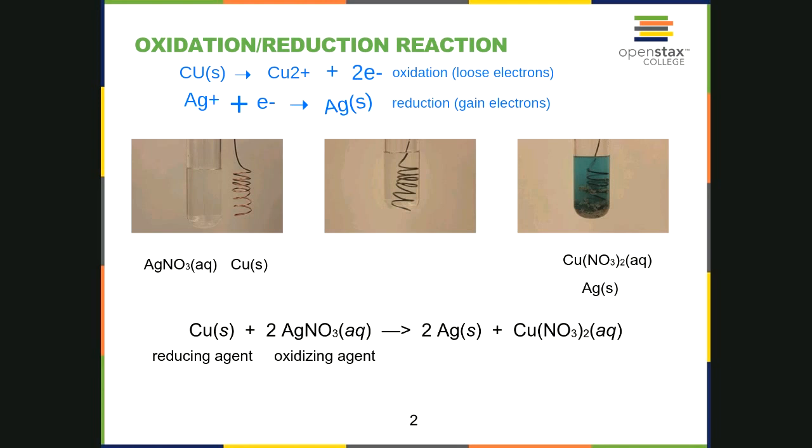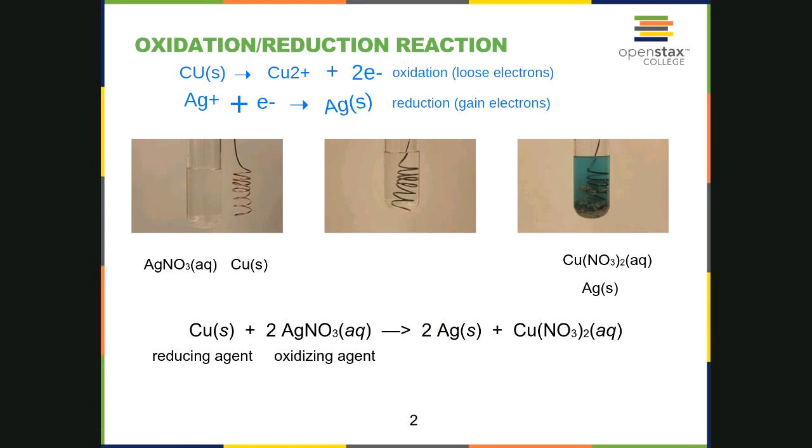Now the thing is, the 2 electrons that we got when the copper oxidized and lost 2 electrons are the same electrons that we're going to be adding to the Ag+ from the silver nitrate. The problem is we don't have the same number of electrons.